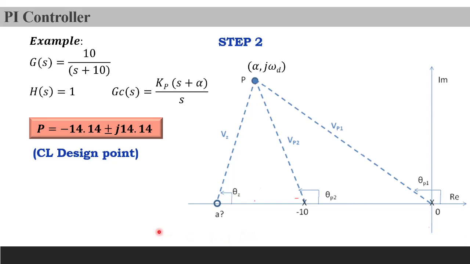So now you want to use an analytical technique and remember the rule number 4 of root locus sketch, in which we study how to verify if a point passes through root locus.